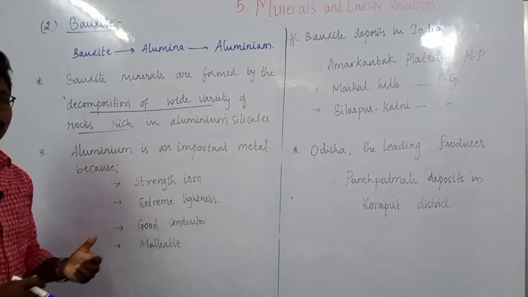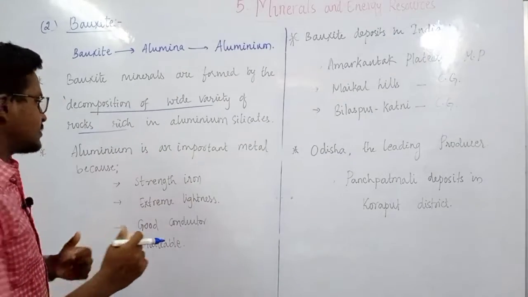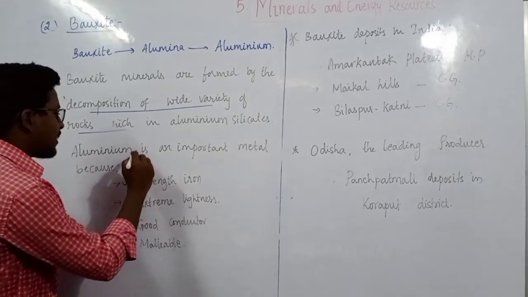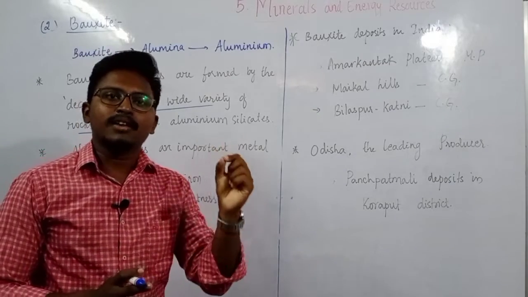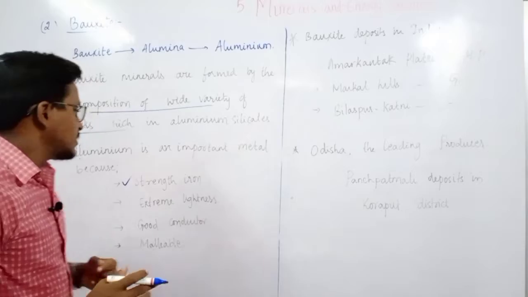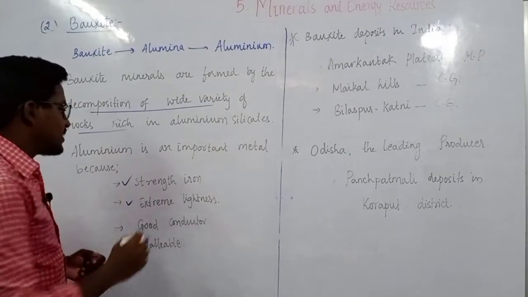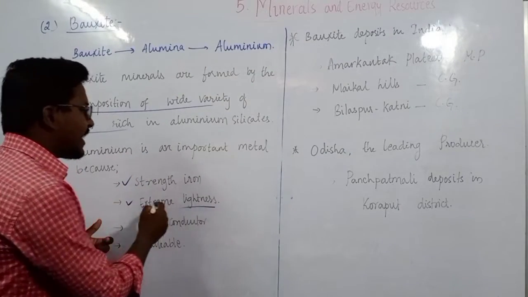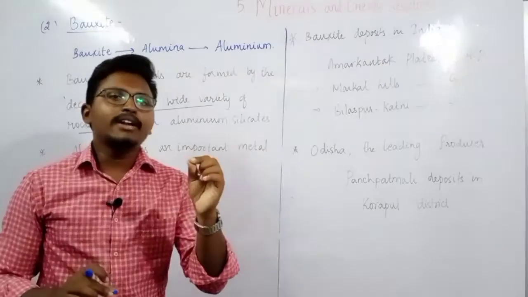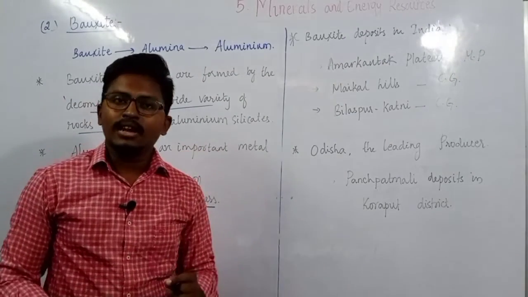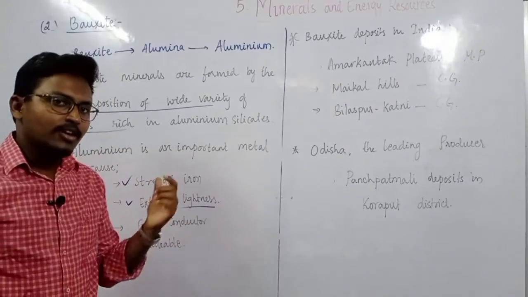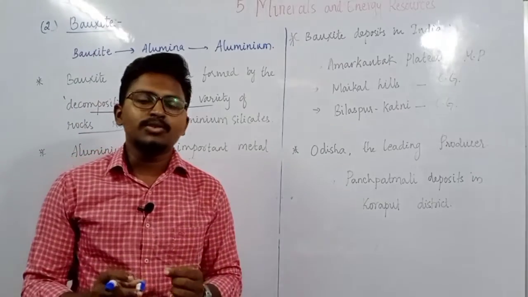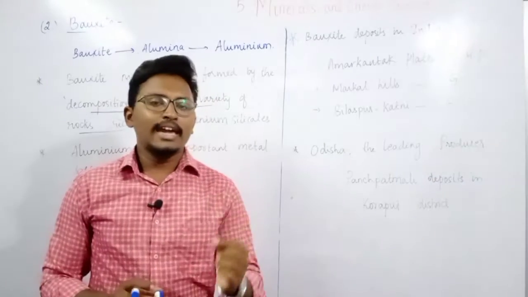So what are these properties and why is it very important? Because it has the capability of iron, that means this aluminum contains the strength which iron also has. Then the next thing is its extreme lightness, that means the weight of this aluminum is very low compared to steel as well as iron, and that is the reason why aluminum is also used in the manufacturing of aircraft.